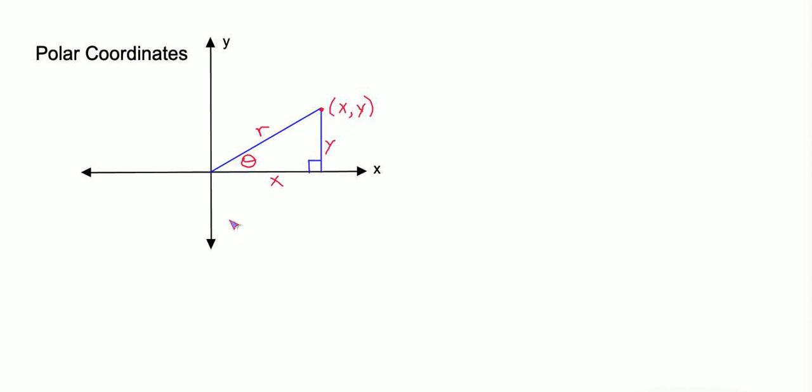So the first thing I notice is the relationship between the sides of the right triangle. By the Pythagorean theorem, I know that r squared is equal to x squared plus y squared.